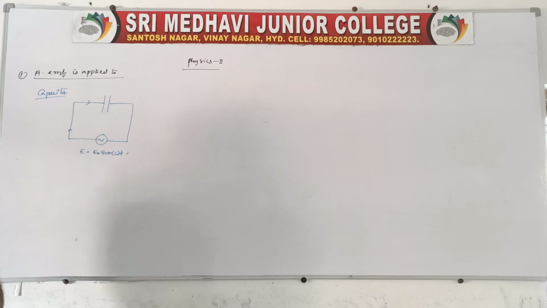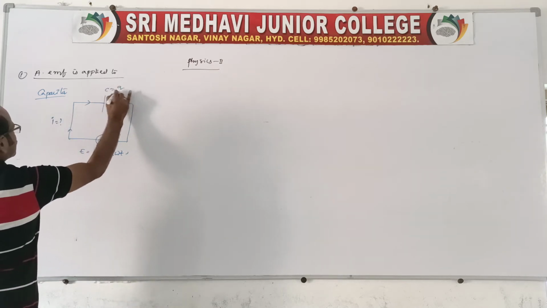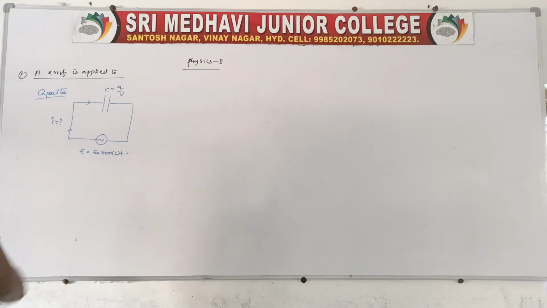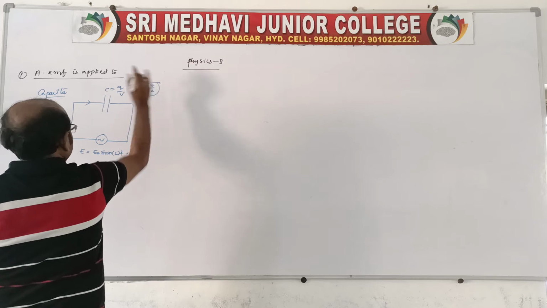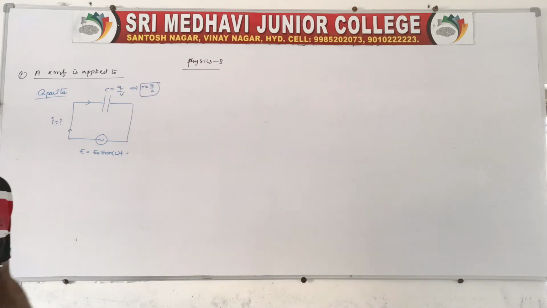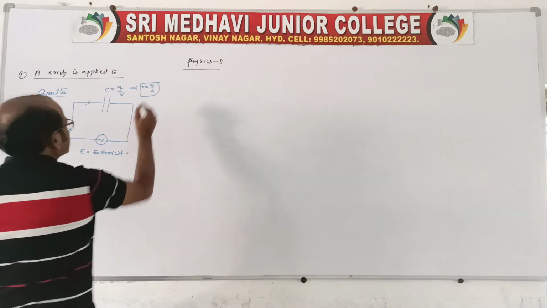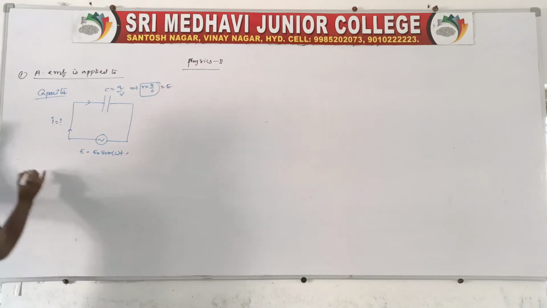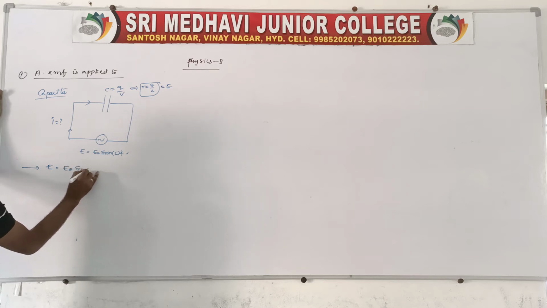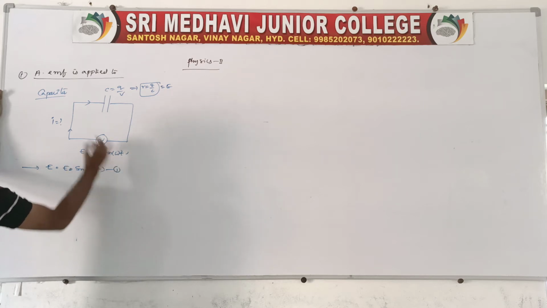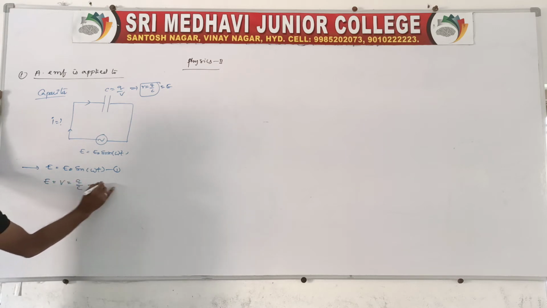Now, capacitance C is nothing but Q by V, and from here we can also write V is equal to Q by C. So take E is equal to E naught sin omega t as equation 1, and through the capacitive circuit V is Q by C, equation 2.